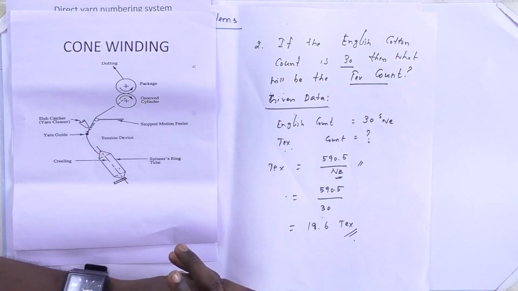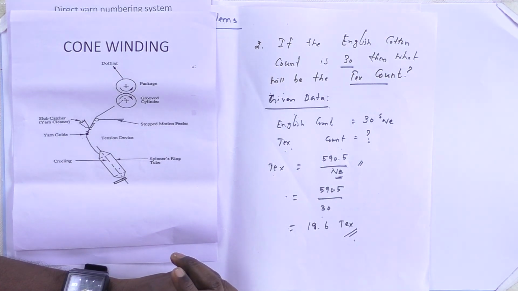Next topic we discussed about the yarn numbering system. There are two yarn numbering systems, direct yarn numbering system and indirect yarn numbering system. Direct yarn numbering system is directly proportional to the yarn diameter. For example, if the number increases, the diameter also increases.